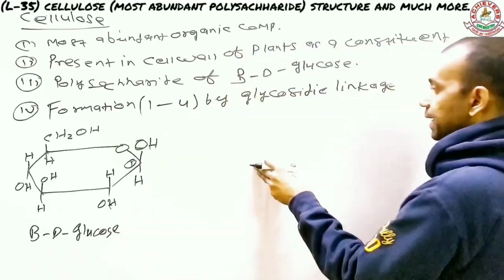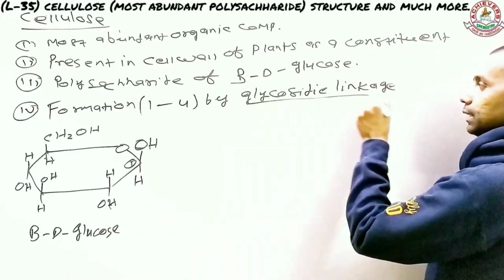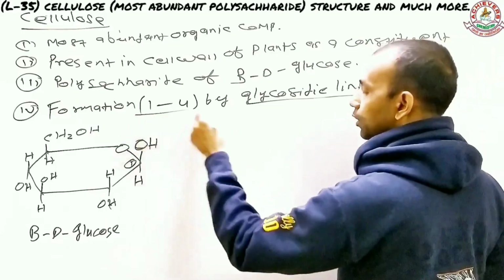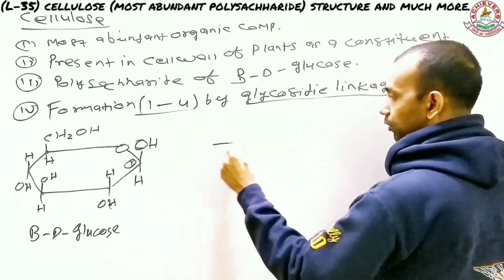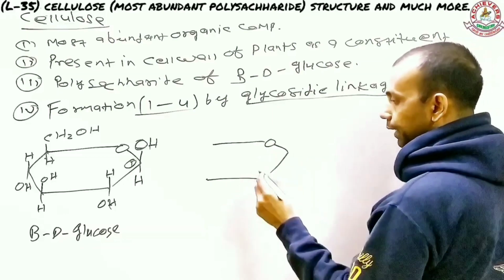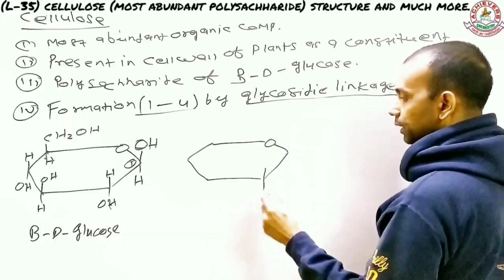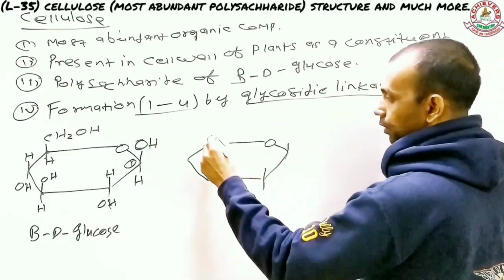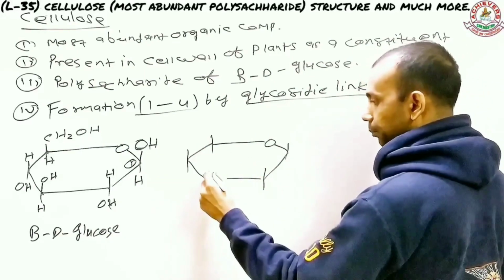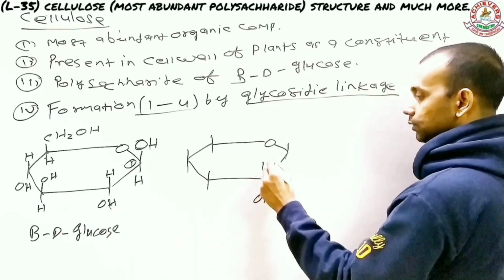Let's draw the second and third, and then I will help you understand this glycosidic linkage involving the first and fourth carbons. So this is your second one. Again you have to draw the same structure as this one. You have a six-membered ring here, with the second carbon having OH out, H inside.